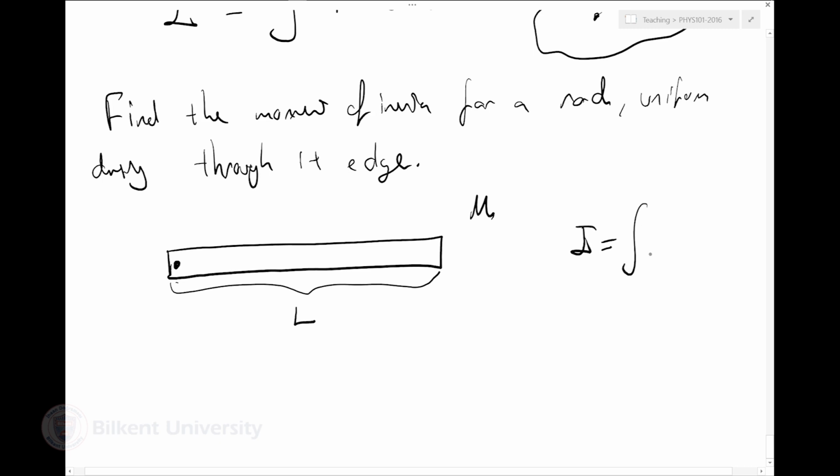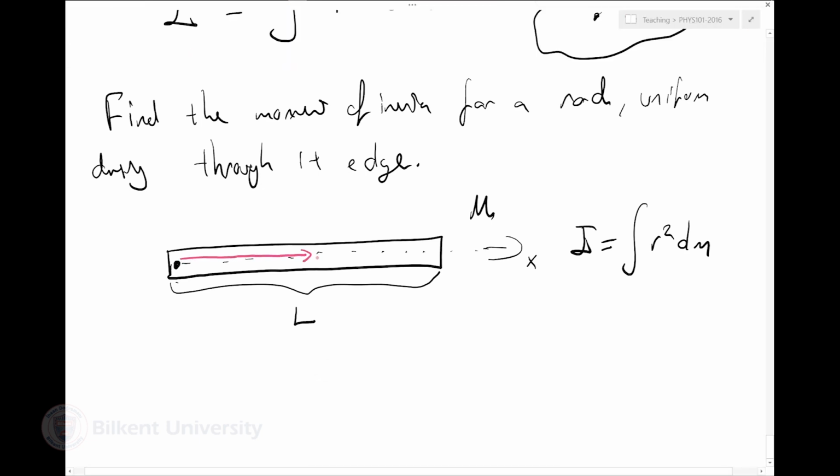I is the integral of r squared dm. So I need to choose some small mass. I need to separate this into small parts. So let's take the axis along the rod to be the x-axis.